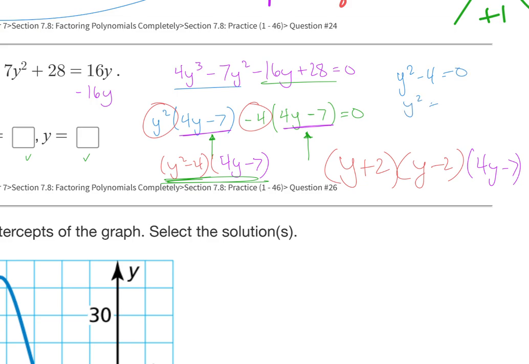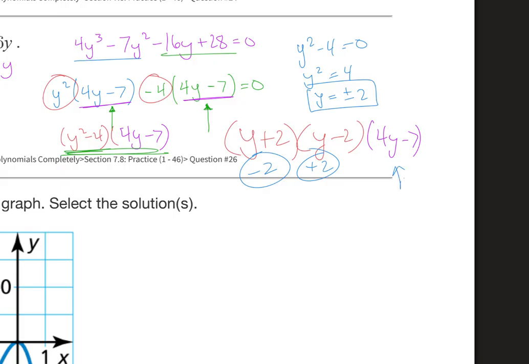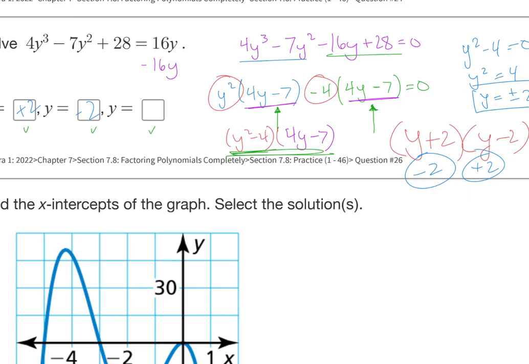Add 4 to both sides, take the square root, and you get positive and -2, just like you would here, right? So positive 2, -2, and then this guy, if you'd like, make sure and write him down. You add y to both sides, you divide by 4, you get 7/4.